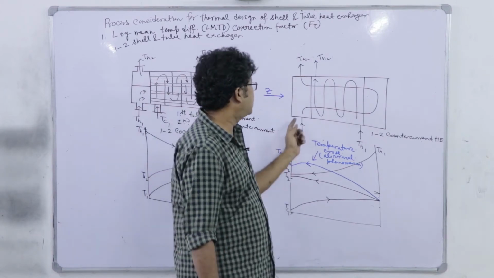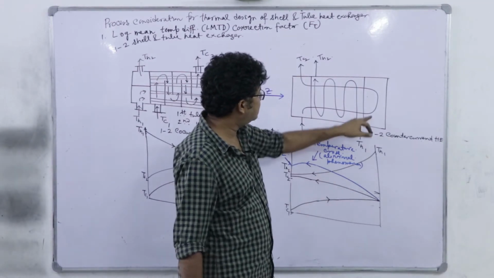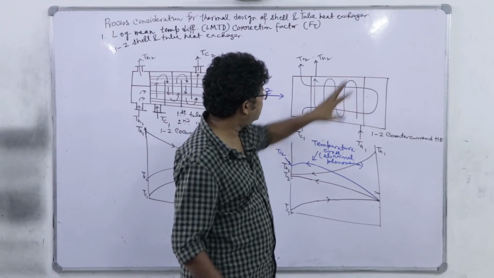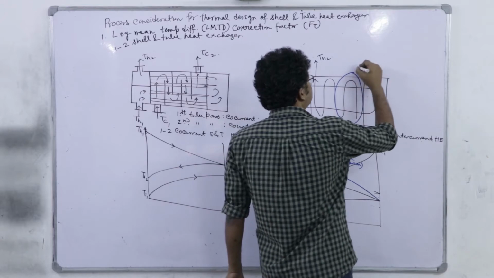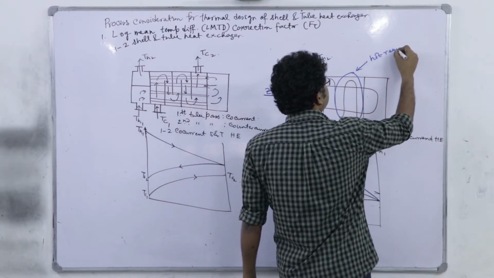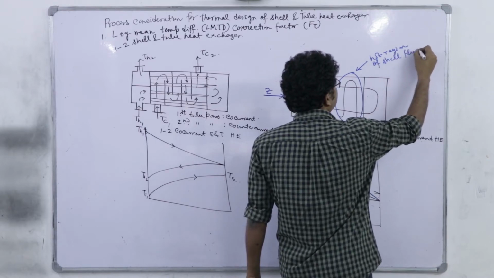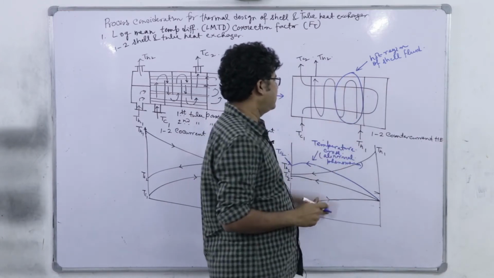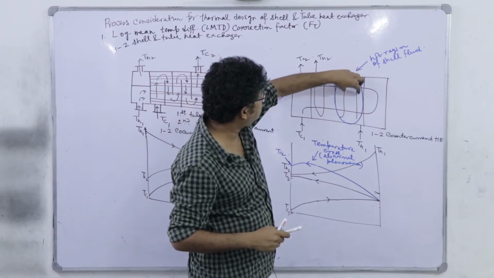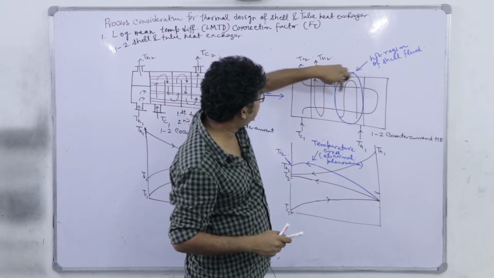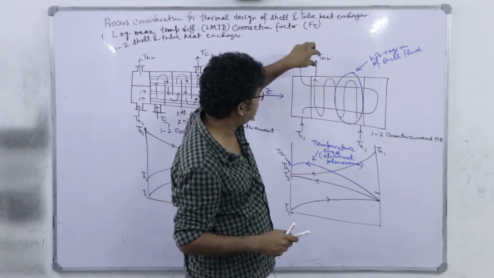Now, in the first pass, I am trying to explain qualitatively the phenomenon of temperature cross. In the first pass, the cold fluid follows a counter current pathway. So, its temperature increases. Now, when it returns to the second pass, here you see this region is the hot region of shell fluid, right, and it enters into the hot region, and as a consequence its temperature will suddenly increase, and from here to here it reaches swiftly, because compared to that of shell fluid, which is following a zigzag pattern.